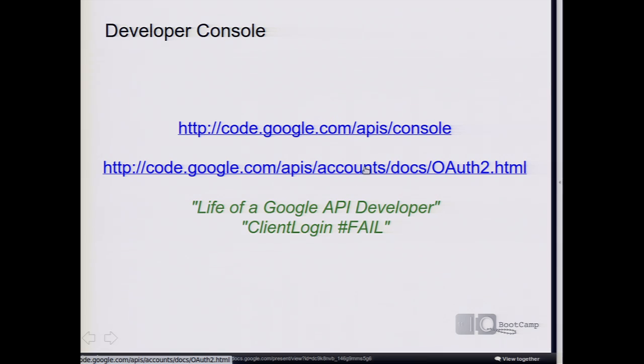There's also two other talks coming up at I/O: the Life of a Google API Developer, and Client Login Fail. ClientLogin is actually a login system that requires end users to put in their username and password. As you can see, we're trying to lead you away from that. So those are two other talks you might want to check out.